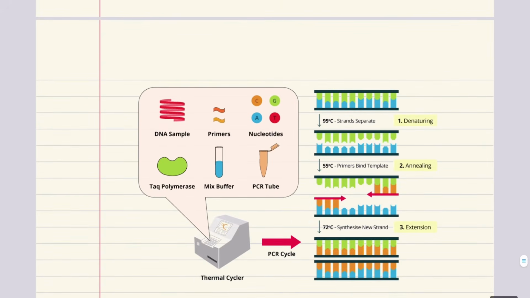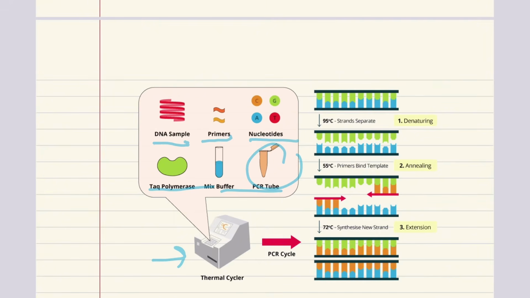You're going to begin with your DNA sample, along with short primers, free nucleotides, a heat-stable enzyme called Taq polymerase, and a buffer solution. These are going to be combined in a PCR tube and placed into a thermal cycler that runs through a series of temperature changes.